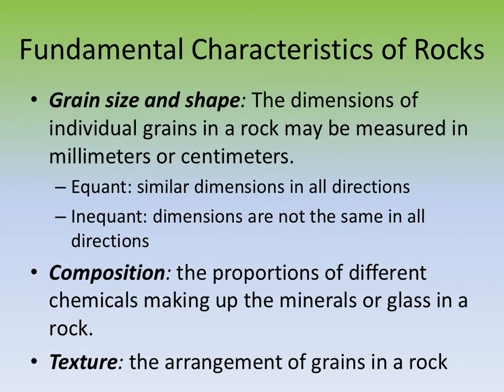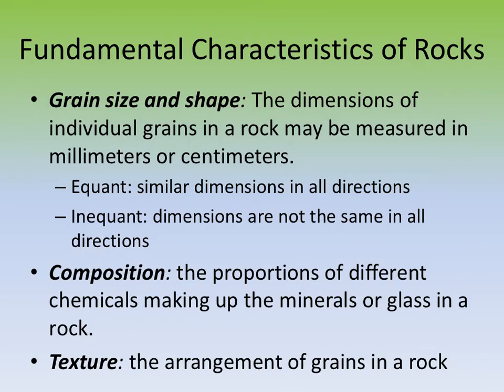So the textbook used these two terms that are here, equant and inequant. Basically, look at it, the root in there is equal. So if the dimensions in all directions are equal, well, that means that we're going to have a pretty uniform grain in there. And that's the type of thing you would see in a sandstone.